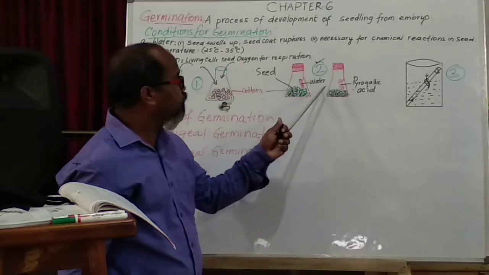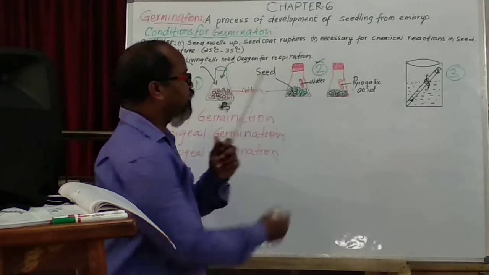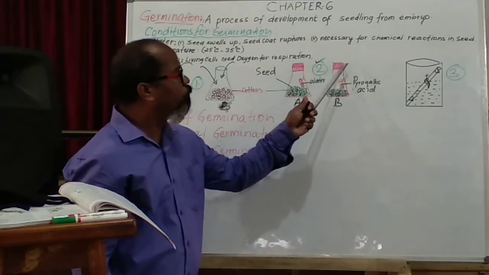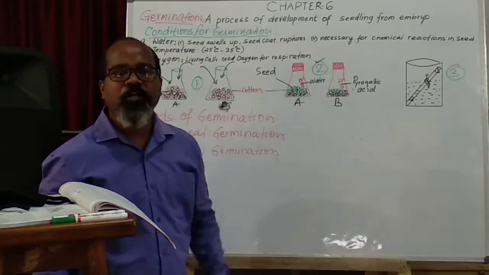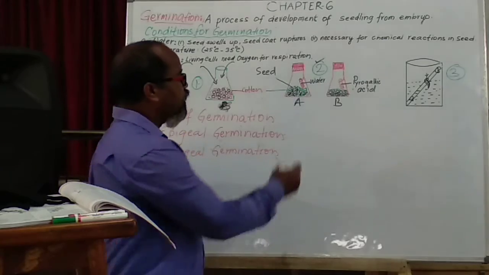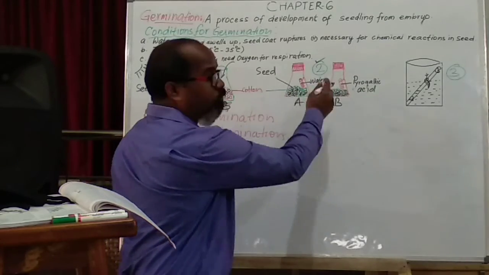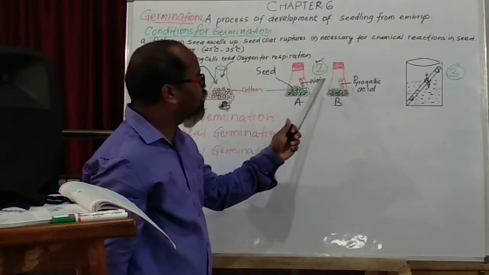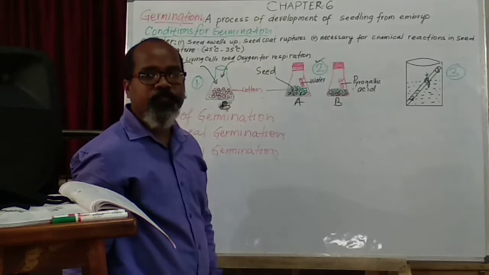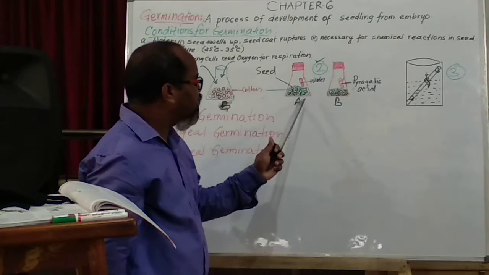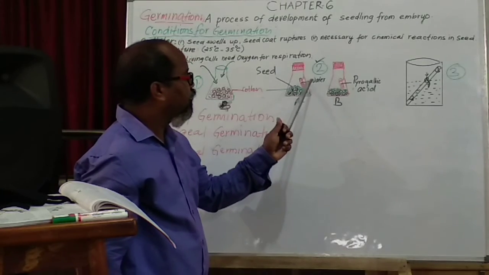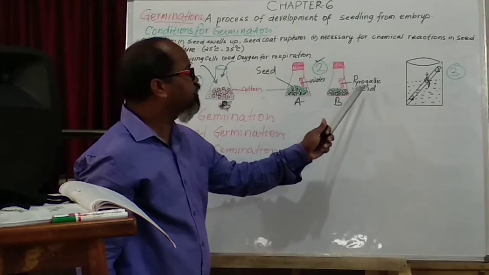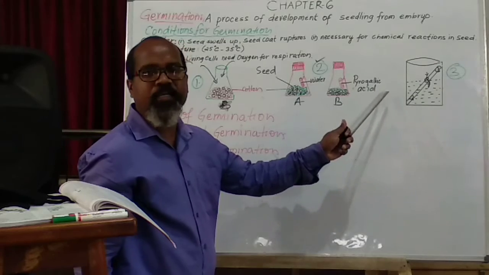We have the second experiment here. The two flasks again, A and B. Both the flasks' openings, the mouths, are sealed, closed. Inside, the environment is the same. Inside you can see test tubes in both the flasks. In flask A, the test tube contains water. In flask B, the test tube contains pyrogallic acid.